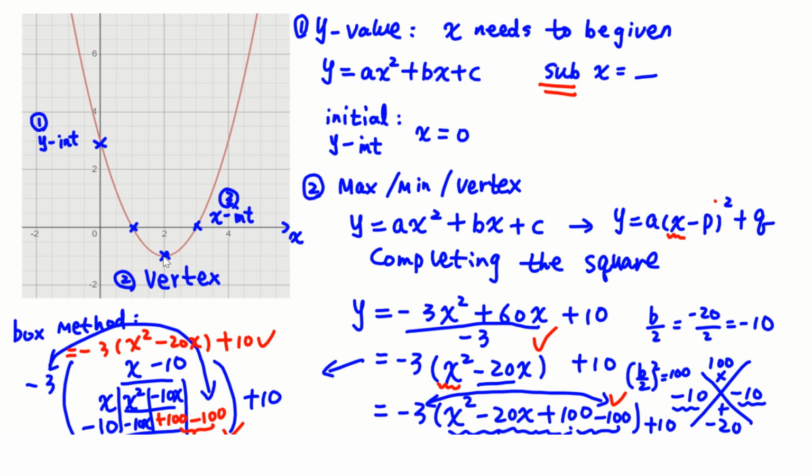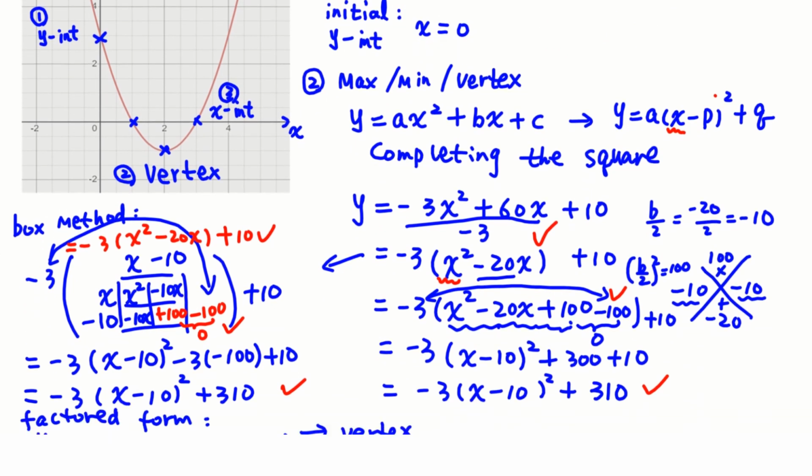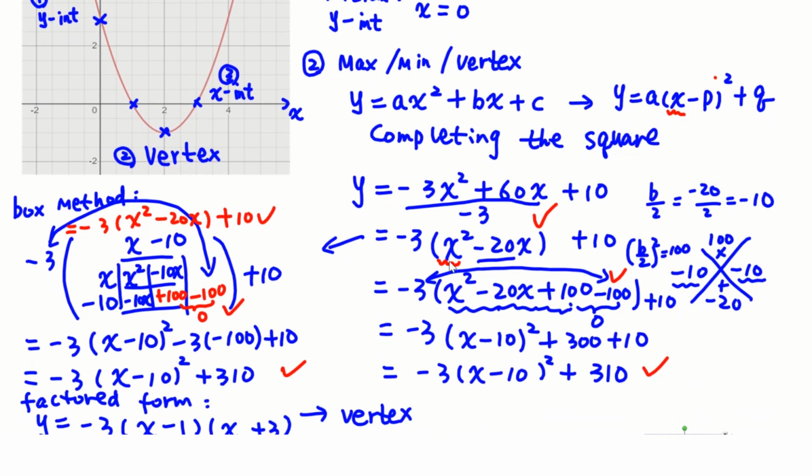And for the maximum, minimum, or vertex, it means you are looking for the turning point. Maximum and minimum happen at the turning point. If standard form, then use completing the square. Make sure that inside the bracket is always 1x squared.